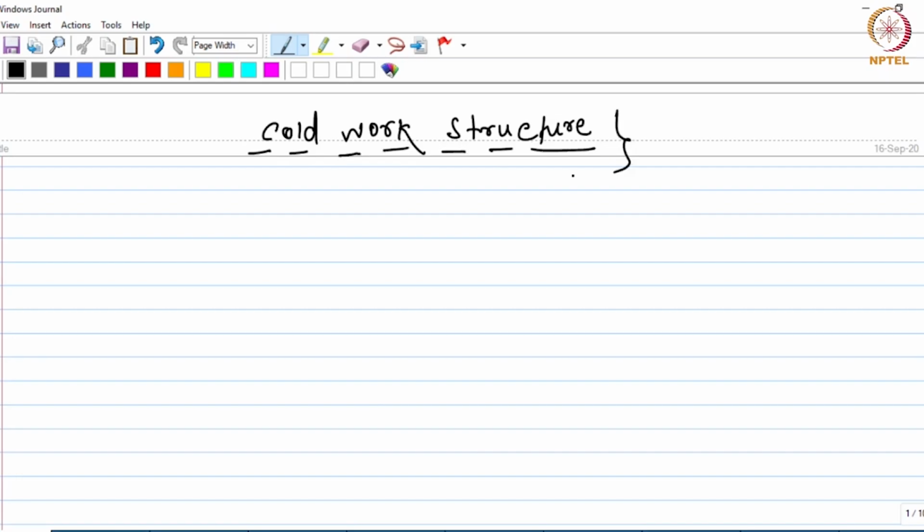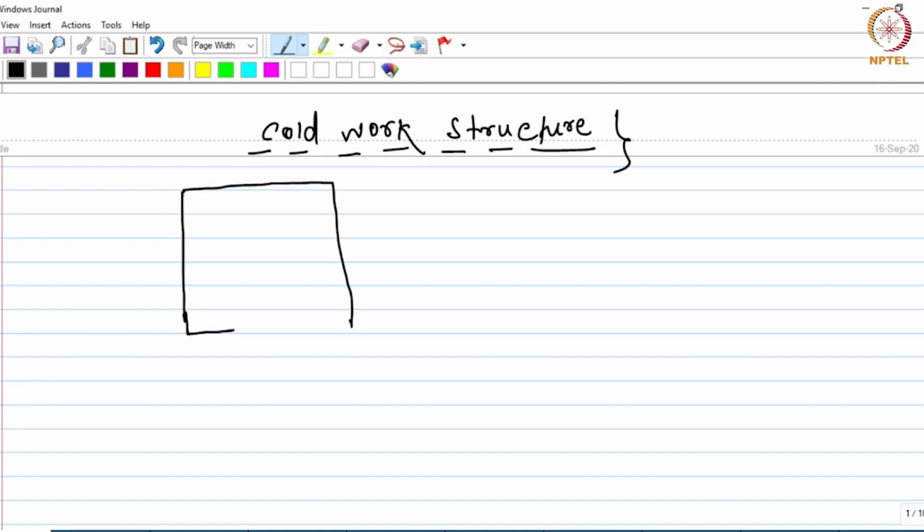Now, if you look at the cold worked structure, as I said before, it increases the dislocation density. A large number of dislocations is generated due to the cold working which is given to the material, and these dislocations can also take up some kind of configuration, some kind of structure.